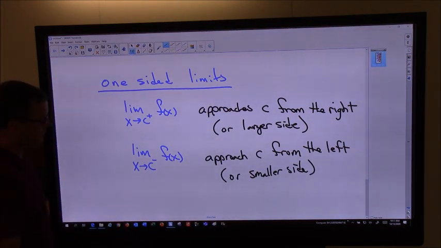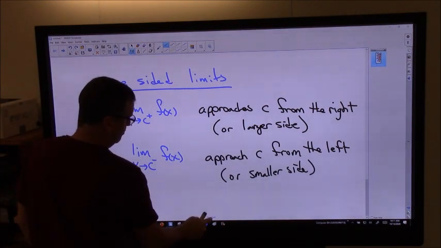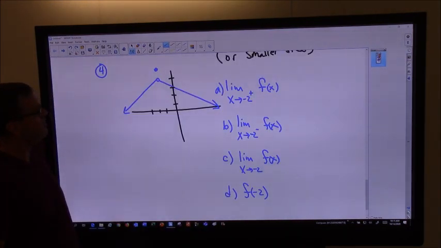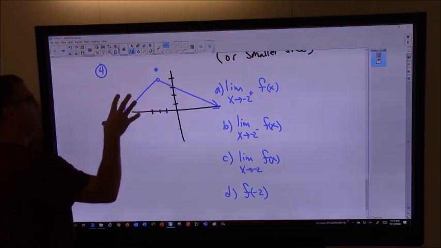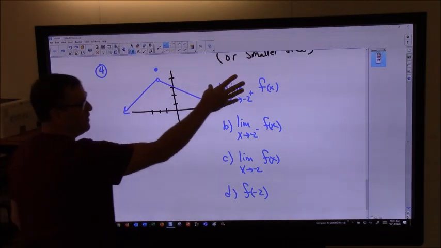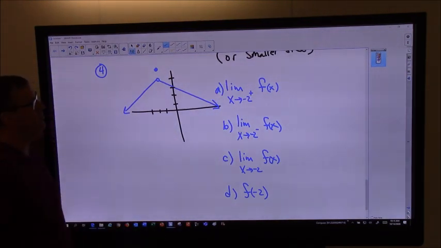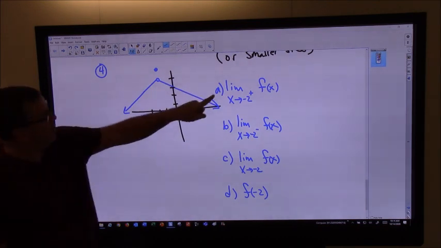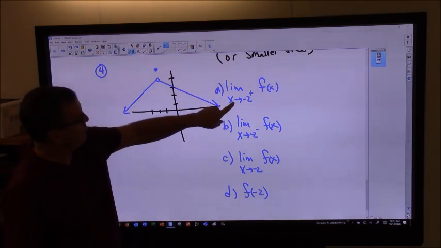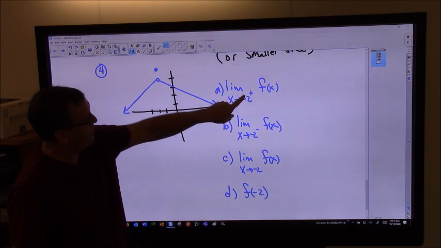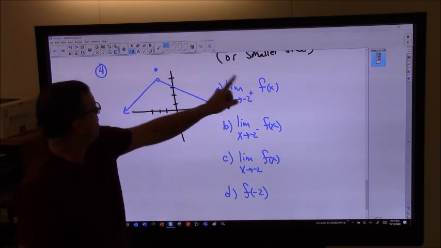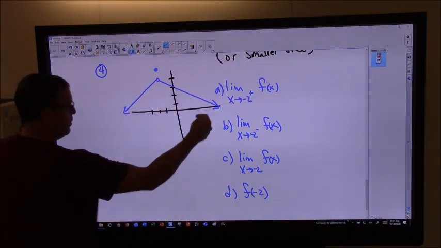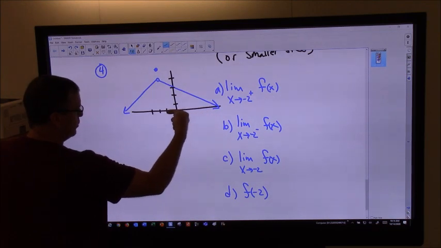Okay? So here's a sample problem. All right, so they're going to have some problems like this where they give us a picture of a graph and then ask us a series of questions about it. So what is the limit as x approaches -2 from the larger side of this function? So I'm coming back at -2 from this direction.